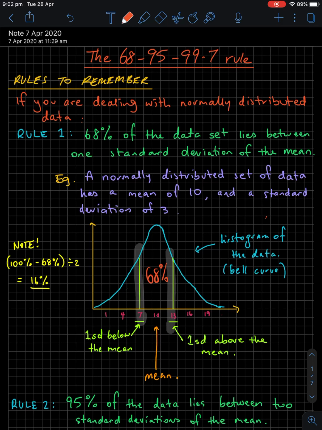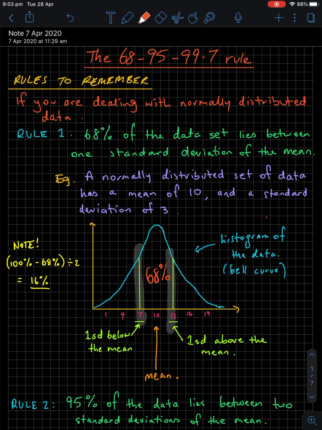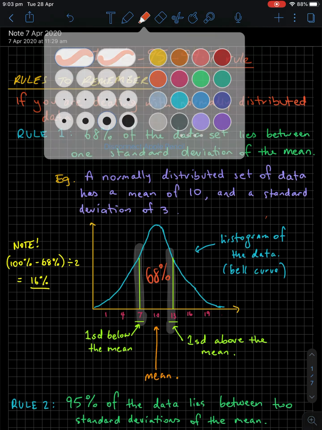Then I divide my answer by 2, and that will leave me with just one of these parts. So I take away my 68% and then divide by 2. That leaves 16%. So the percentage that lies in these end parts is just 16%. I'll put a 16% there and a 16% there. So those are some really important percentages that we can get from using our first rule of the 68, 95, 99.7 rule.